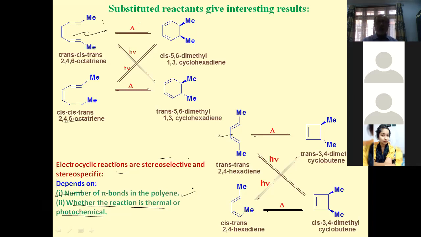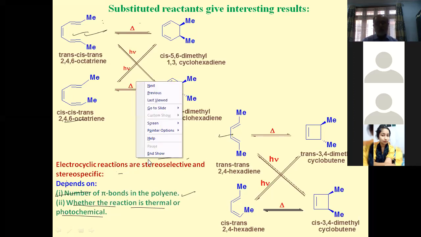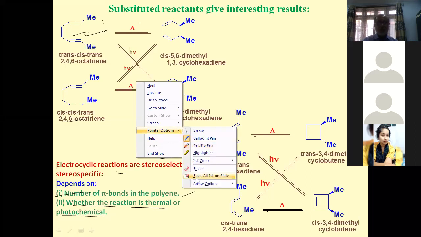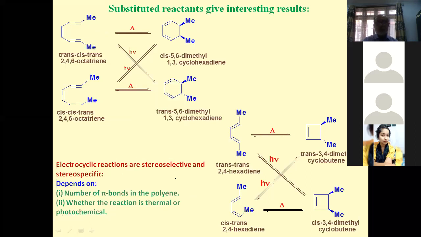But one thing is sure: this stereospecificity and stereoselectivity is dependent on the number of pi bonds, which is either odd or even. With an odd number of pi bonds, we get one type of product, and with an even number of pi bonds, we get another type of product. And also on whether the reaction is thermal or photochemical.